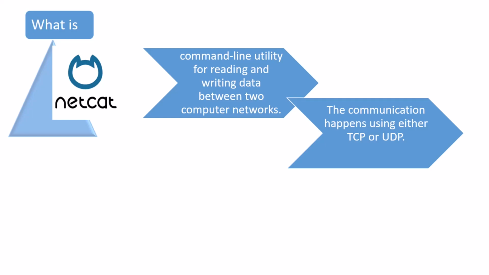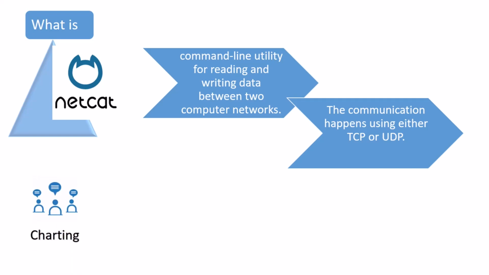So Netcat, in simple terms, is just a command line utility meant for reading and writing data between two computers, and the communication happens using either TCP or UDP. These are the two ways you can communicate between these computers.